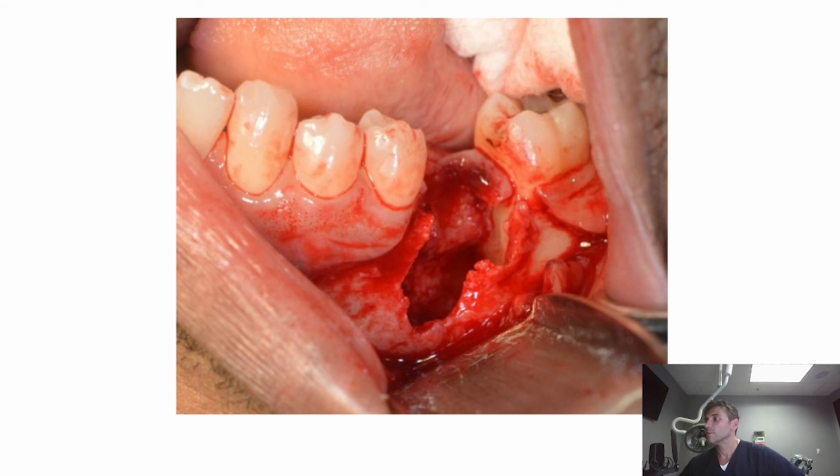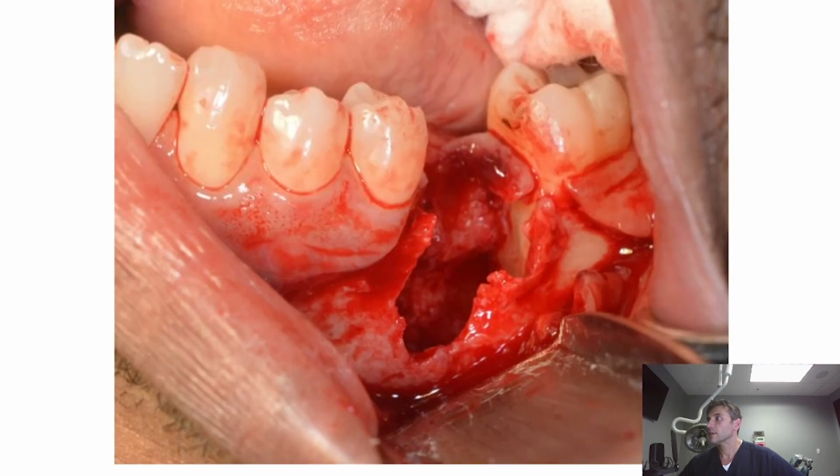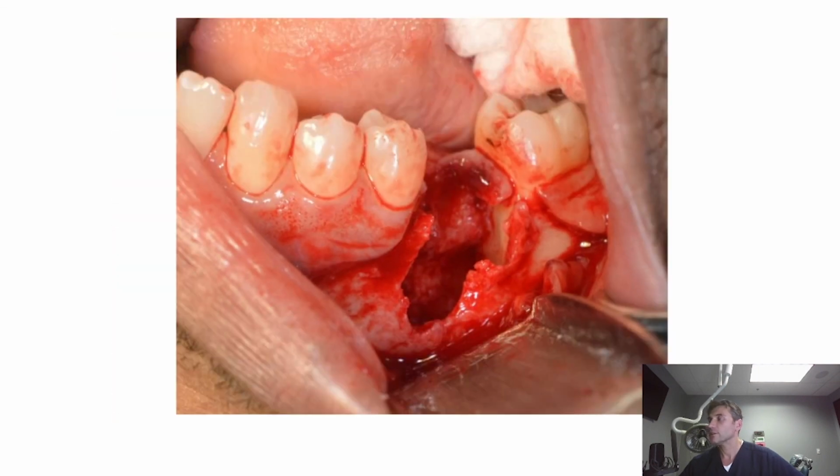So you really need somebody that knows what they're doing and understands biology. But that's kind of what you call a 3-wall defect, and these can be very successfully grafted if you do a proper guided bone regeneration, and also close the tissue. Meaning the tissue from the cheek here has to meet the lingual part, and that's also very important.